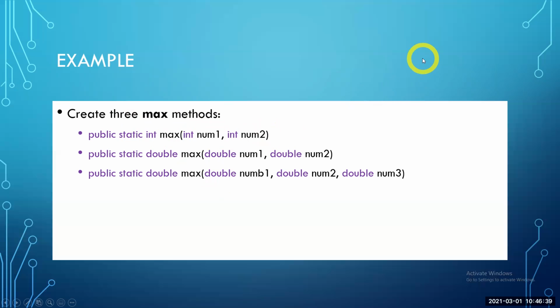That can come in handy if you have methods that are doing the same kind of functionality, but you have different parameters you want to pass to them. If I have 2 doubles versus 3 doubles, I can still call my max method and return the max of those numbers.